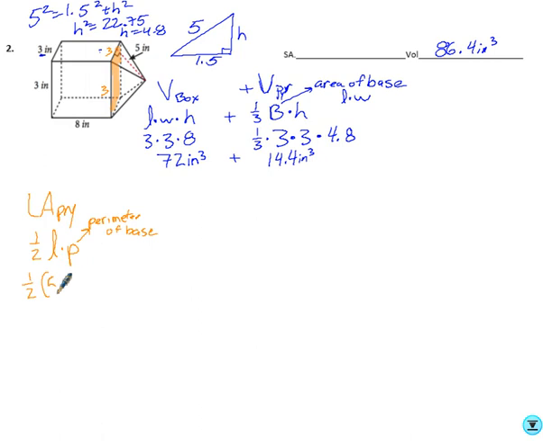So 1/2 times 5 times the perimeter of the base, again you can say 3 plus 3 plus 3 plus 3, or you can just say 4 times 3, because there's 4 sides that all have a length of 3. So when I multiply all of that together, I get 30 inches squared, because we're doing area now, as the lateral area of the pyramid.